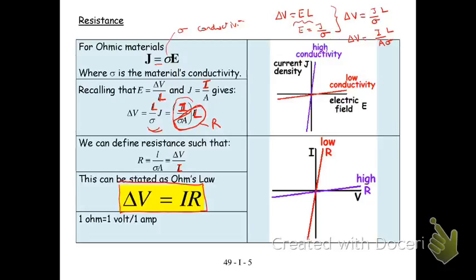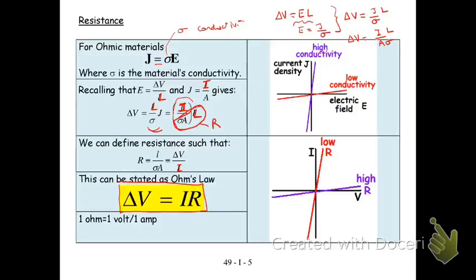If I plot a graph of current versus voltage, the slope does not equal resistance. I should plot a graph of voltage versus current, and then my slope would be resistance. But typically, because I control V and I is what I get, I put my independent variable on the x-axis.